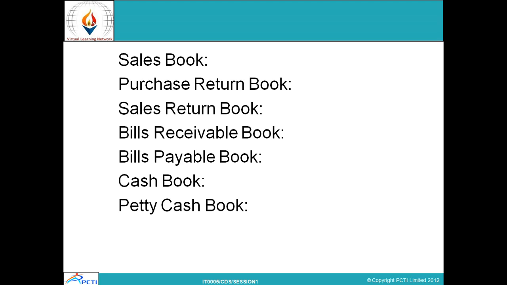We will go next, that is bills receivable. What is bills receivable? When a business person, when you as entrepreneur, sell goods on credit, the proceeds are received at a later date, not immediately. Sometimes you might receive later, sometimes it is on the immediate basis also, depending on the situation.